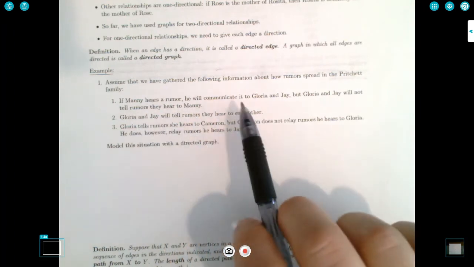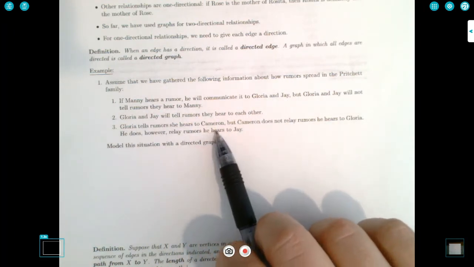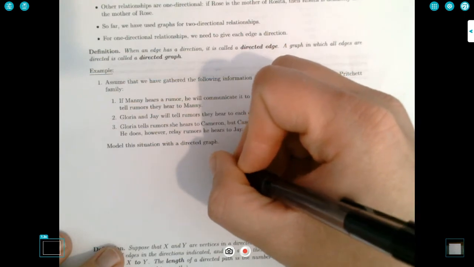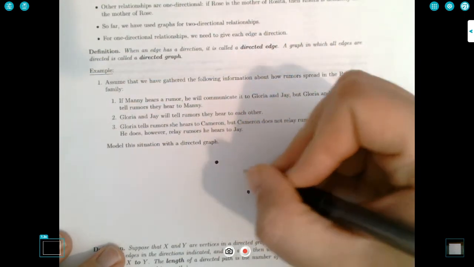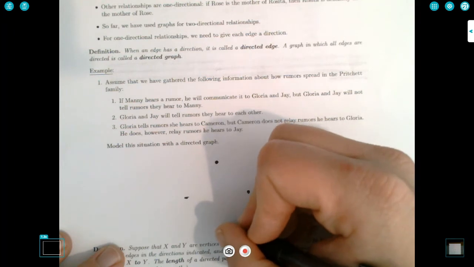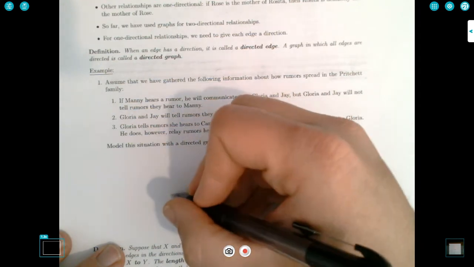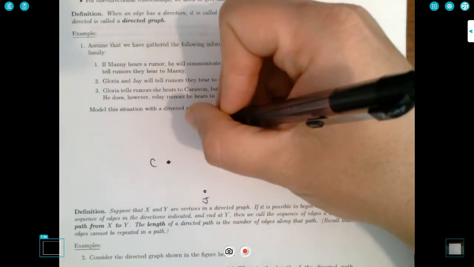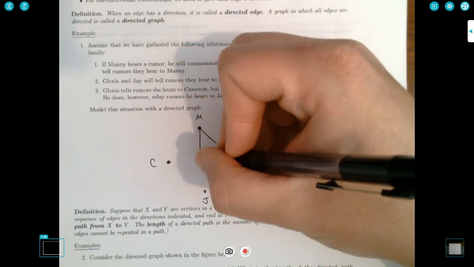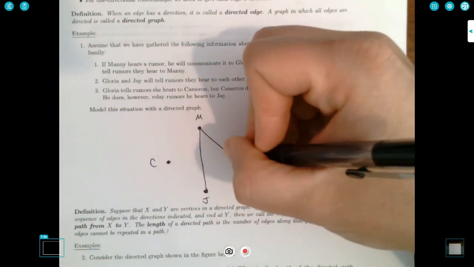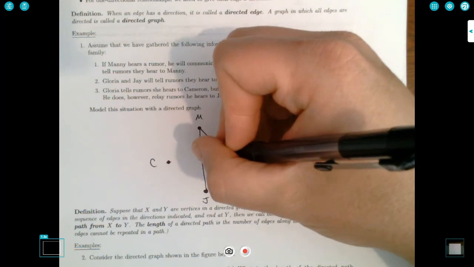Okay, so let's see if we can model the situation with a directed graph. We've got Manny, Gloria, Jay, and Cameron. Okay, Manny definitely communicates to Gloria and Jay. But they don't communicate to him, so these are one-directional.